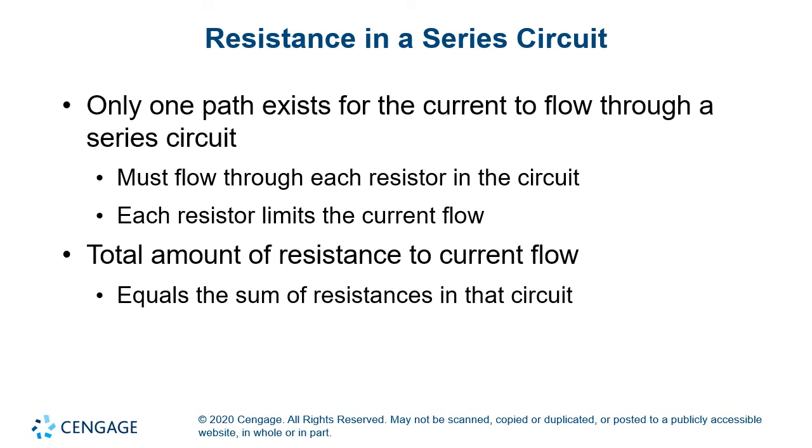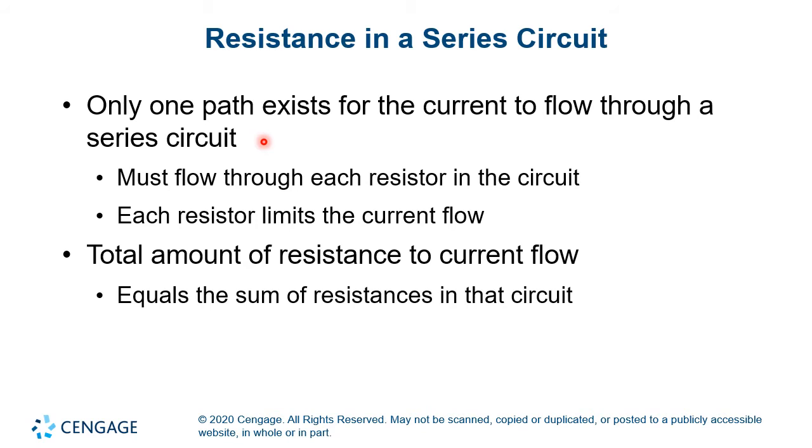So how do we figure out what those values are? Well, it turns out the first thing you need to know is what is the total resistance in the series circuit. And the key thing about this is because we only have one path, the current has to flow through each of the various resistors, and each of those resistors is going to limit the amount of current flow. It's going to resist that current flow.